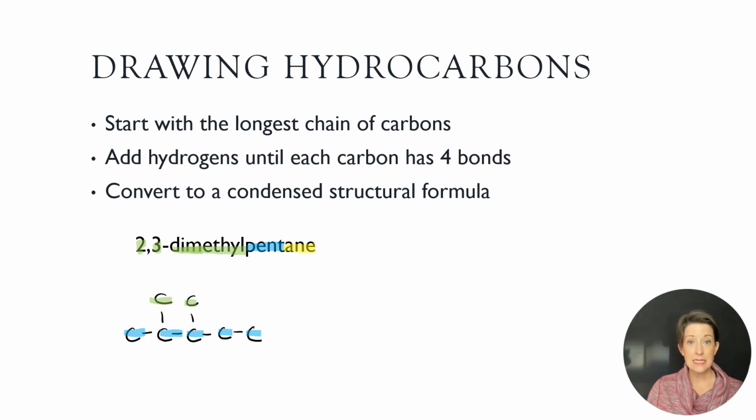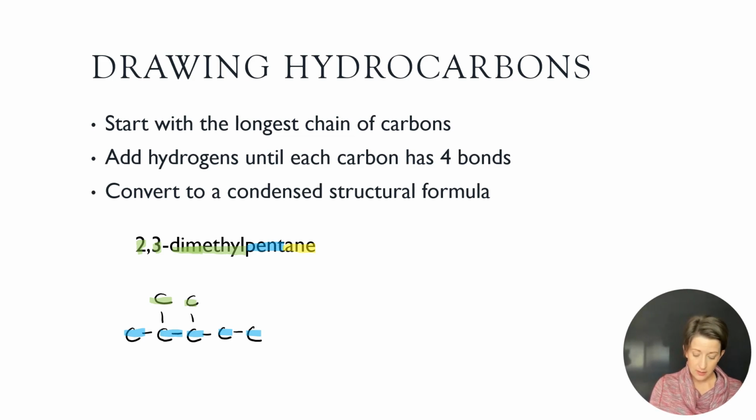There's nothing else I need to add except my hydrogens. Again, you can branch these out and add the hydrogens as bonds and then collapse it, or you can go through and just go into your condensed structure right away. That's what I'm going to do this time so you can see how we can work with this.